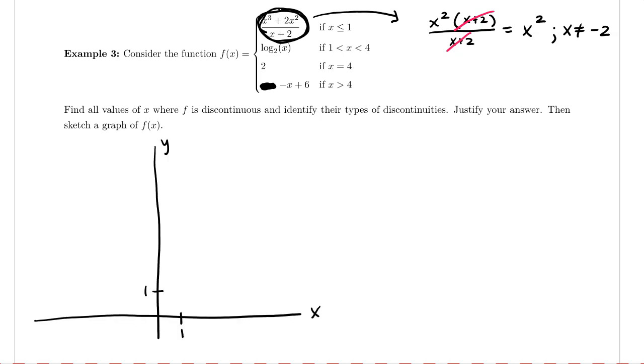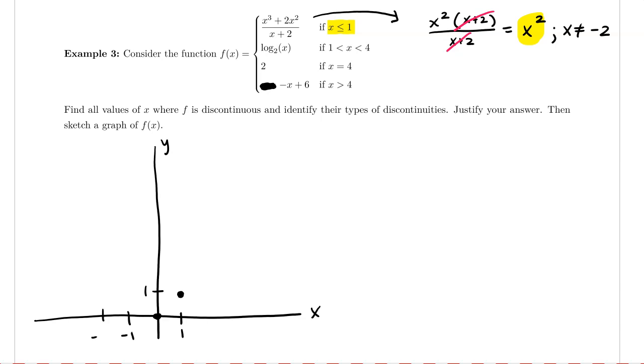So I want to start to sketch my graph of this piecewise function, and I know that we have this when x is less than or equal to 1, and x squared is just a parabola that goes through the origin. When I plug in 1 into x squared, my output value is 1, so I know that it's going to go here. I know that it's going to go through the origin, and then I just have to make sure that there is a hole when x equals negative 2.